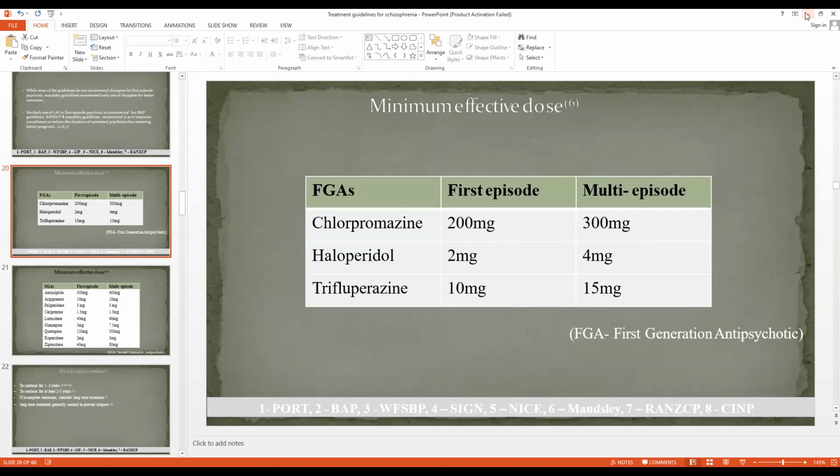If there is some abnormality at the baseline, it remains the same after giving the antipsychotic. But if at the baseline it is normal, then it has increased. In that patient you will be more cautious.